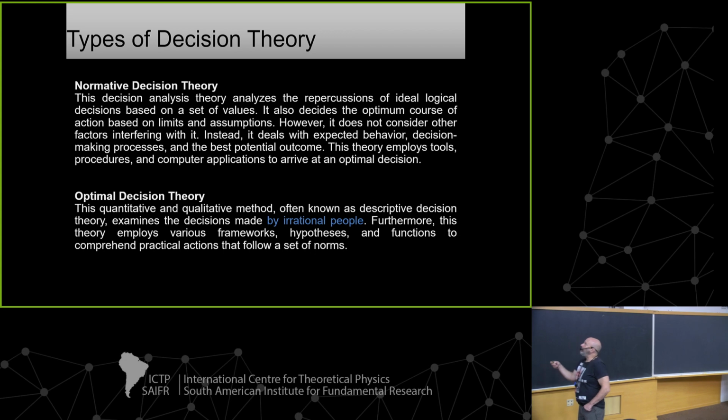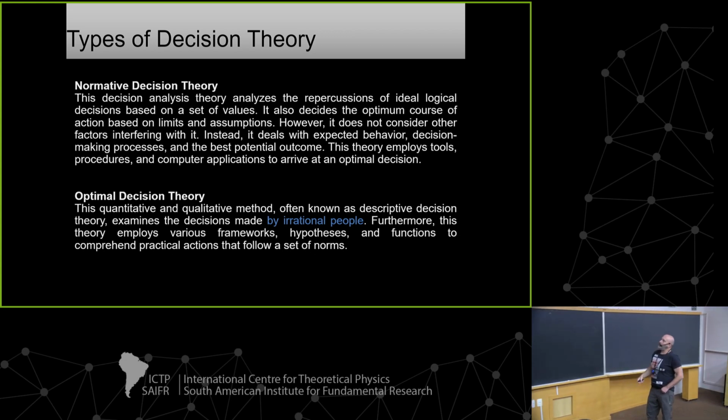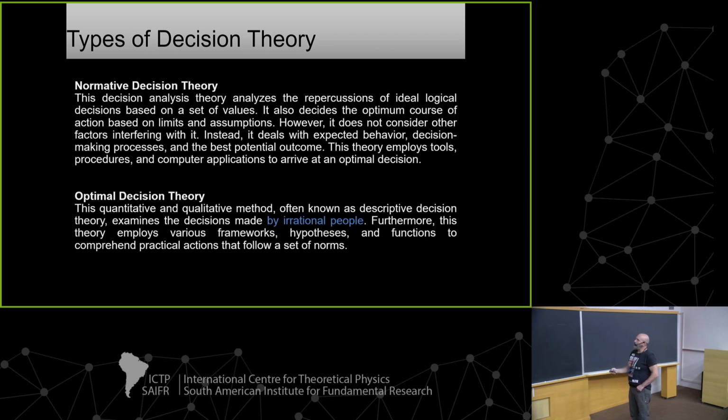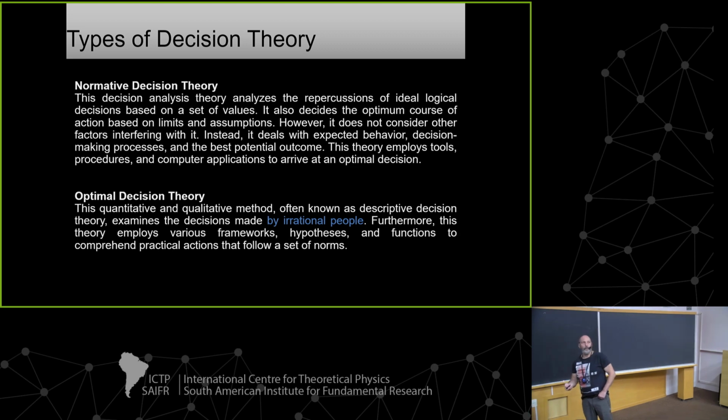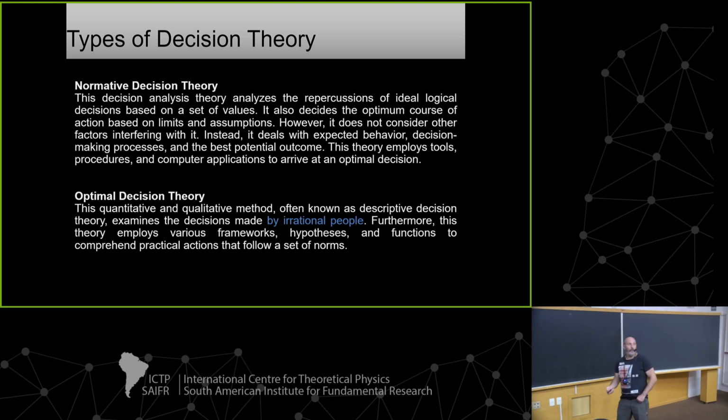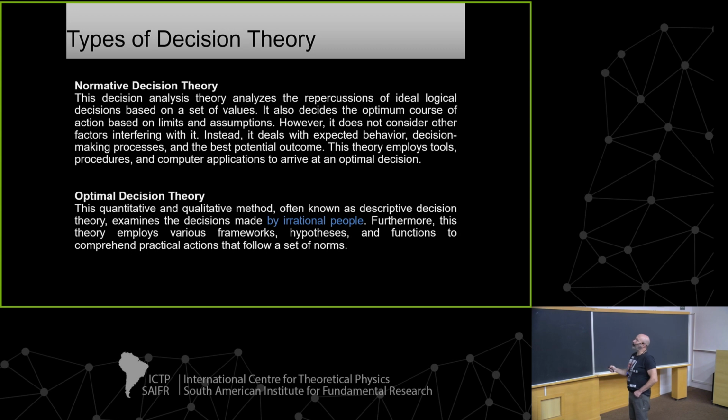This theory employs not only one but several frameworks, hypotheses, and functions to understand practical actions. Instead of assuming a behavior, here we don't know anything about the behavior of the people. We cannot anticipate their decisions because they do not behave in a rational way.